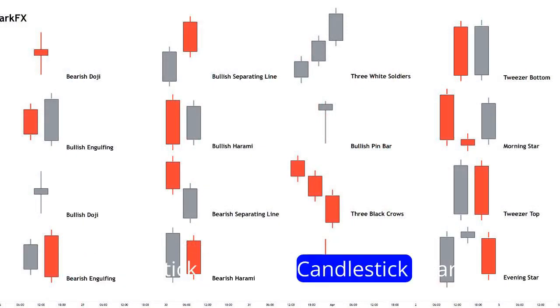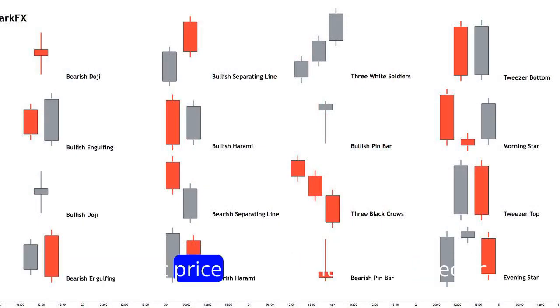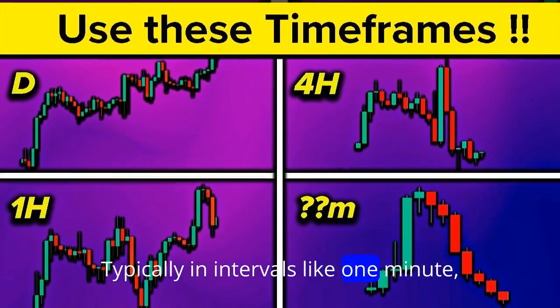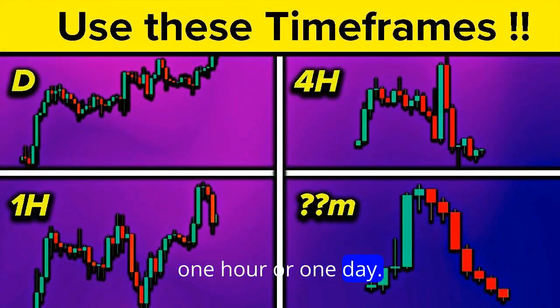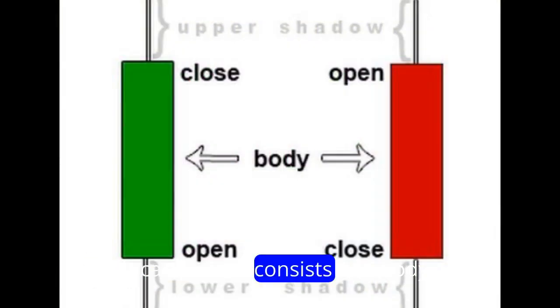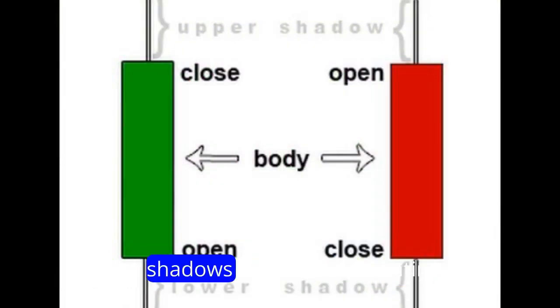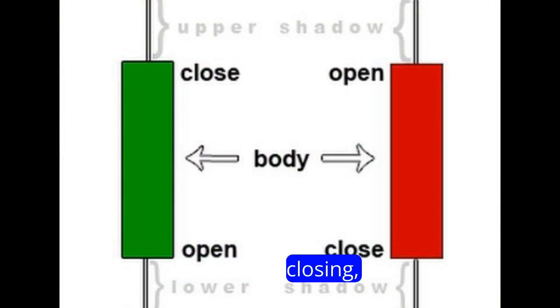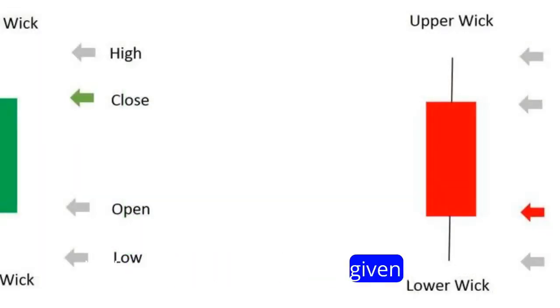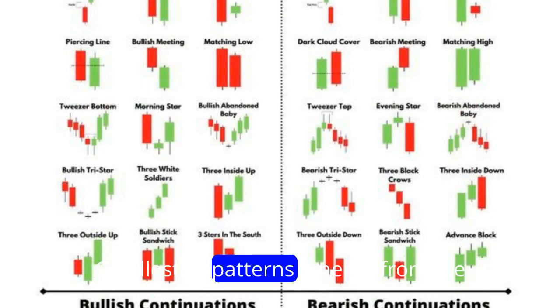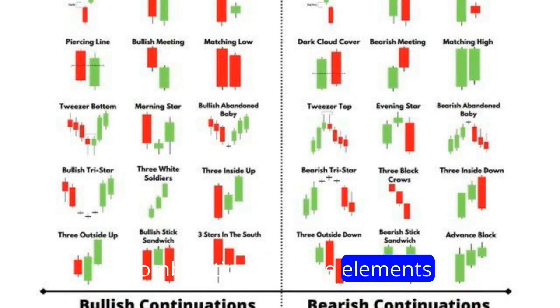Candlestick charts represent price movements over a specific time frame, typically in intervals like 1 minute, 1 hour, or 1 day. Each candlestick consists of a body and wicks, or shadows, visually representing the opening, closing, high and low prices for the given period. Candlestick patterns emerge from the combination of these elements.